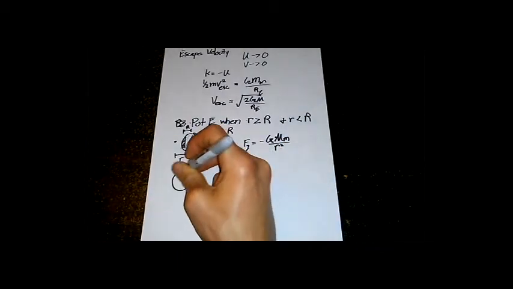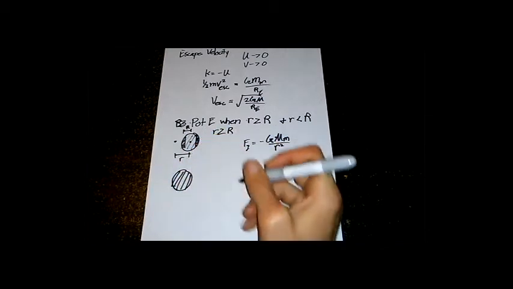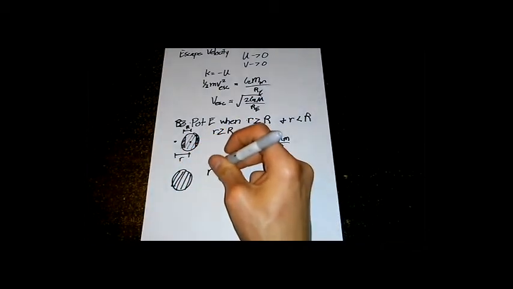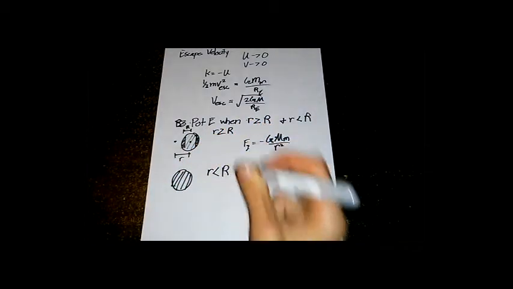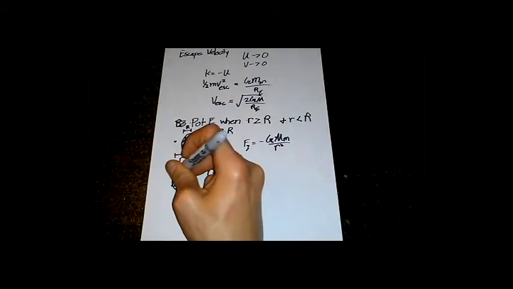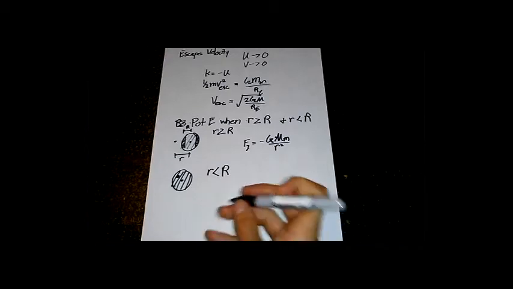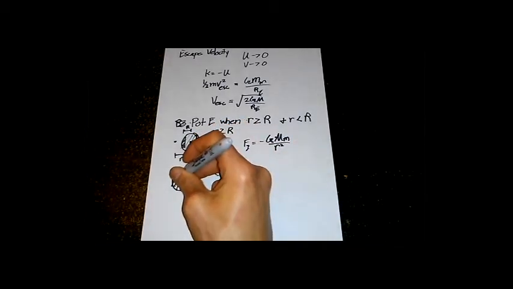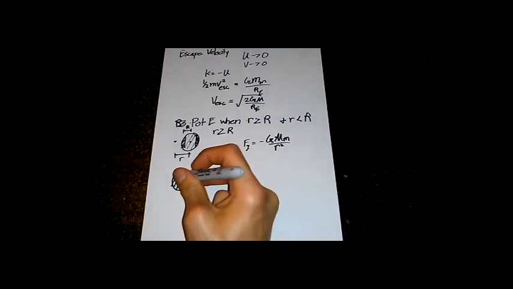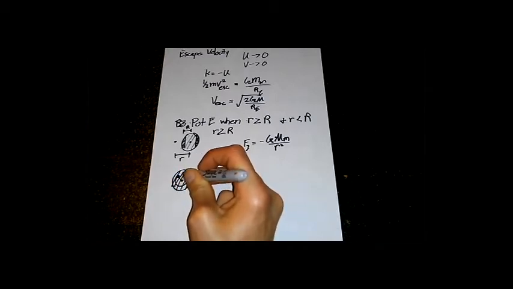Okay, so now let's do another solid sphere, but now little r is less than big R. So that means that you're right here inside the planet. So let's go ahead and, this is little r here, that little leg, so I'm going to extend this around.